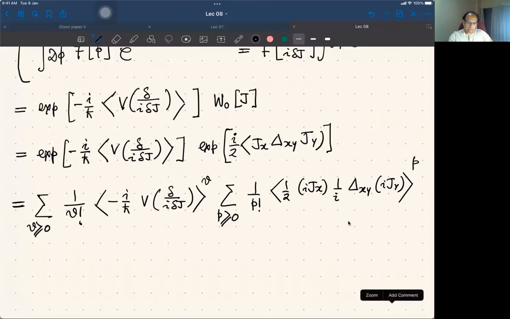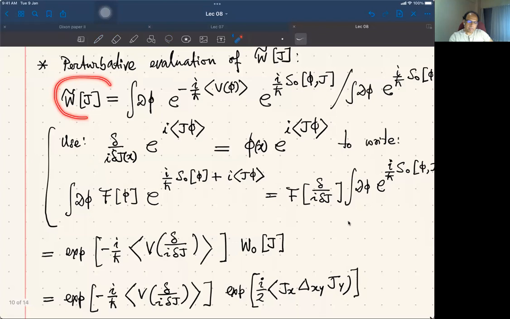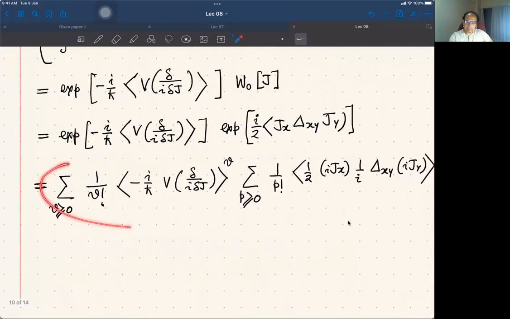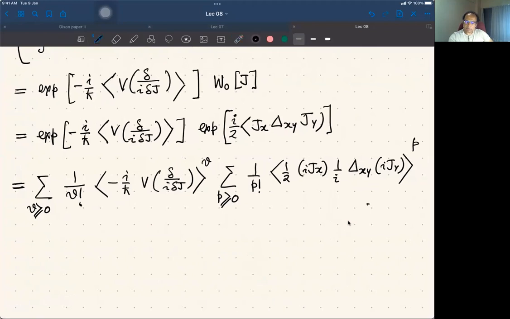And so this is the result for W tilde j. So W tilde j is given by this expression, and let me call it equation W tilde.